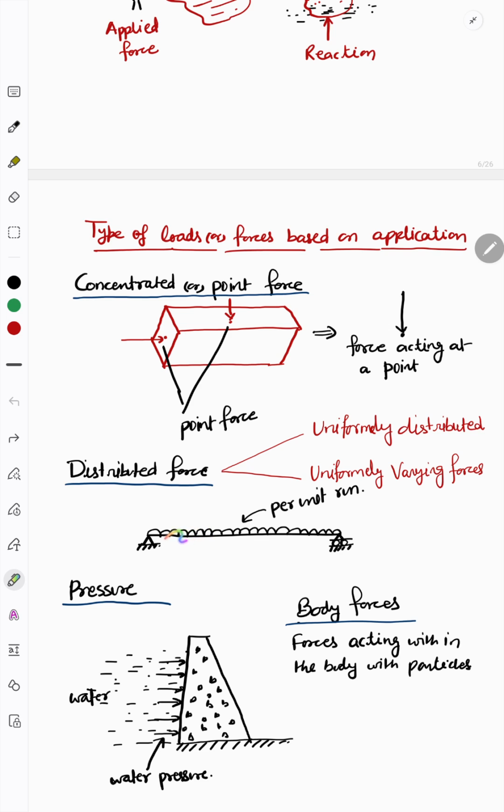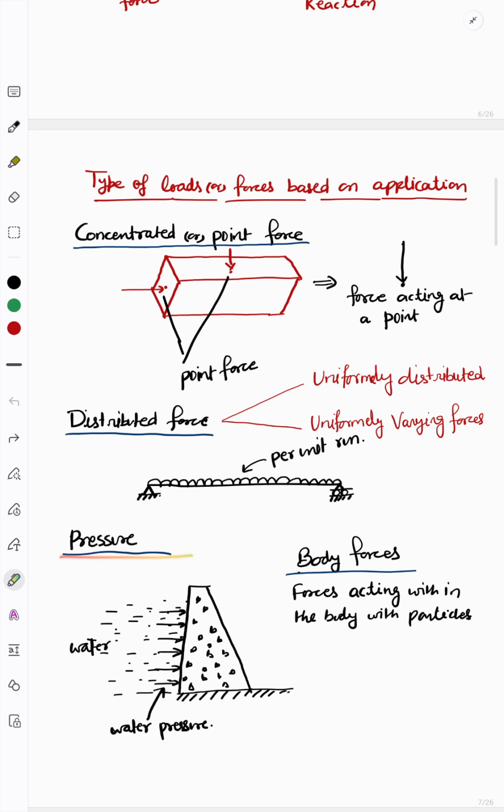And if the force varies, suppose here small forces, here bigger forces, such a force is called uniformly varying force. It increases in equal manner. There is no sudden increase or decrease, but it increases slowly. Variation is there.